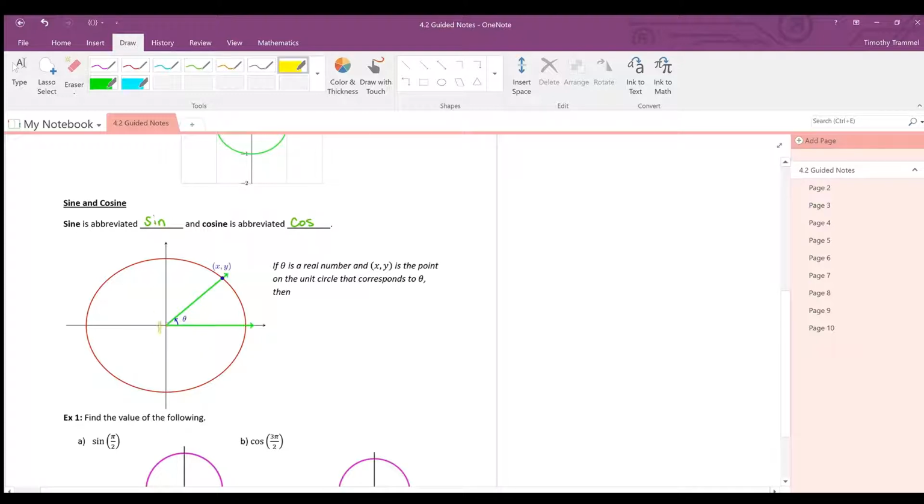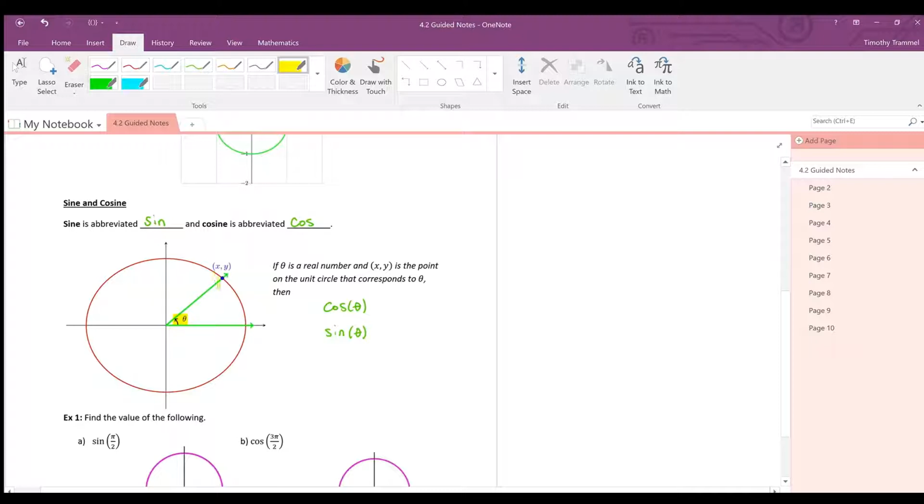Now, to see what they are. If you want to find cosine of theta or sine of theta, you're first going to want to rotate off of the positive x-axis theta radians, or theta degrees, whatever we're measuring it in.